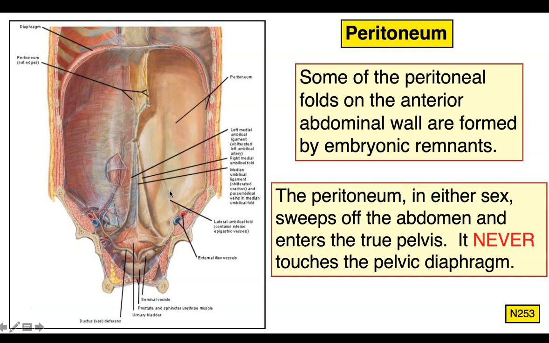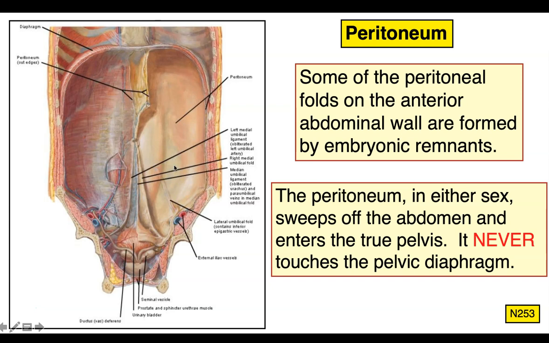The peritoneum, the parietal layer of the peritoneum, you have seen on the internal side of the anterior abdominal wall. So this is the internal surface of the anterior abdominal wall. If we look from inside, you can see this membrane over the anterior abdominal wall is the peritoneum.